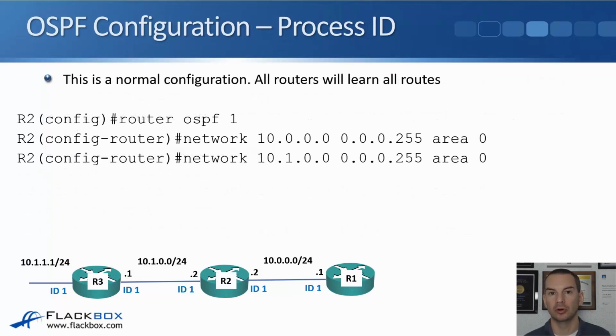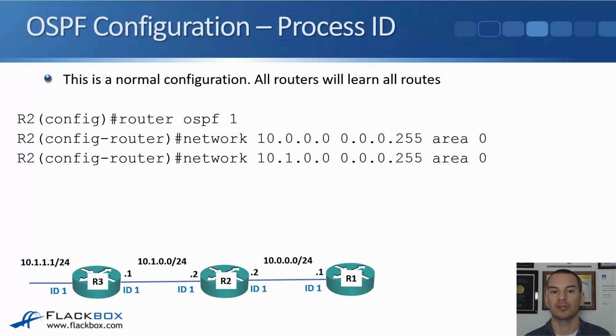What is more normal is where all the routers in your network are all using the same process ID number. You can see here now on routers R1, R2, and R3, the same topology as before, we've configured OSPF process ID 1 on all interfaces.